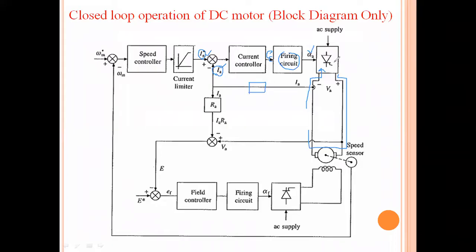So if this converter changes its operation, then the output produced by this converter, which is VA as well as the IA, both will be changed accordingly so that the motor will adjust its speed to the desired value.